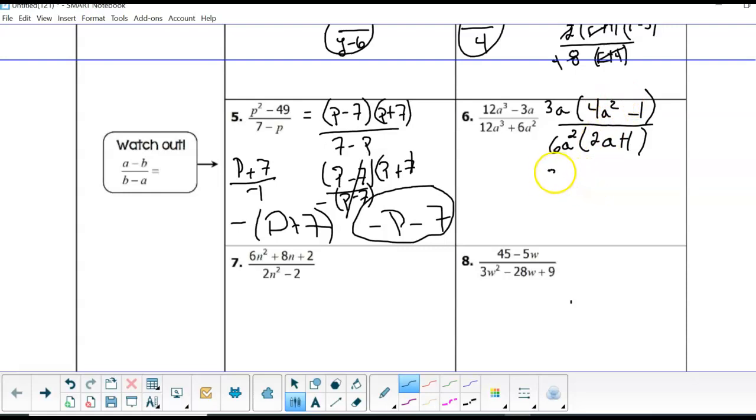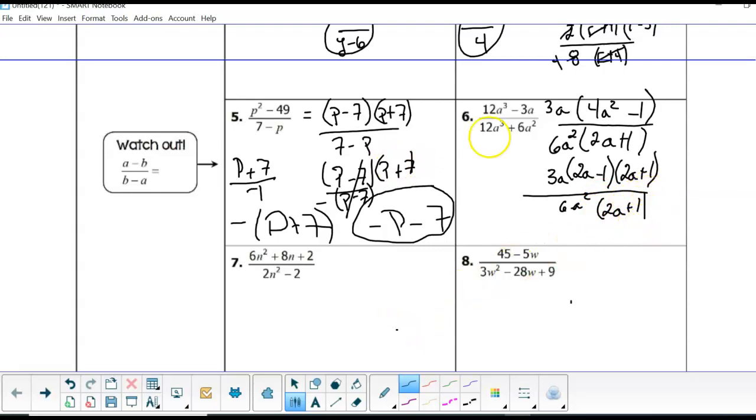So what I have is 3a times 2a minus 1 times 2a plus 1, and that's all divided by the 6a squared times 2a plus 1.